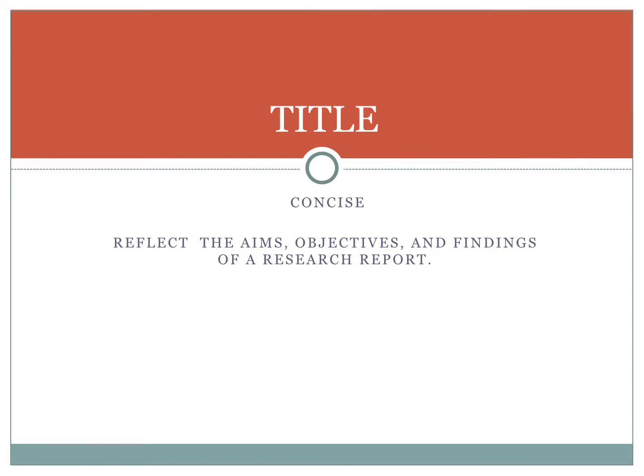Now, the title of your research report is the topic of your study or the research question you have selected. The title should be very crisp, concise, and it should reflect the aims and objectives of the study as well as the findings of the research report.